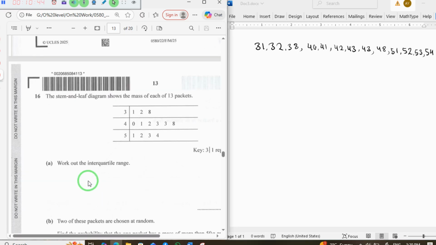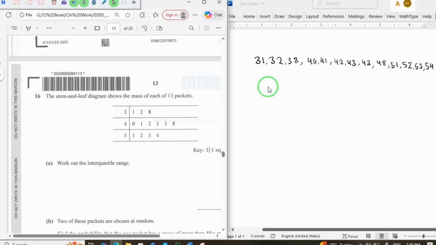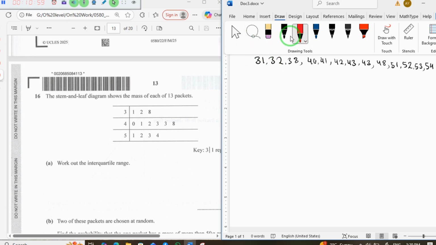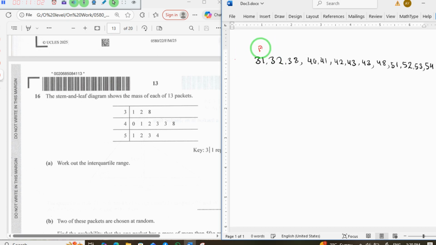The question asks us to work out the interquartile range. First we number the data, for example number 1, number 2, 1, 2, 3, 4, 5, 6, 7, 8, 9, 10, 11, 12, and 13.